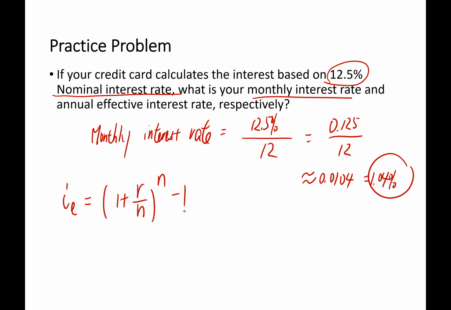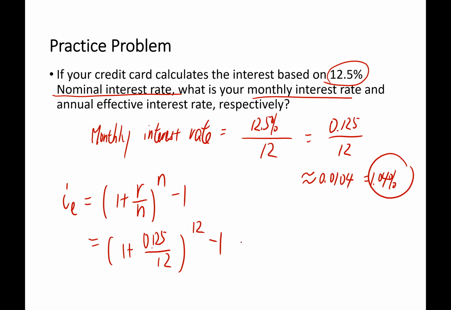The credit card is compounding monthly because you are paying interest on a monthly basis. So this is 1 plus 0.125 over 12, to the 12th power, minus 1.